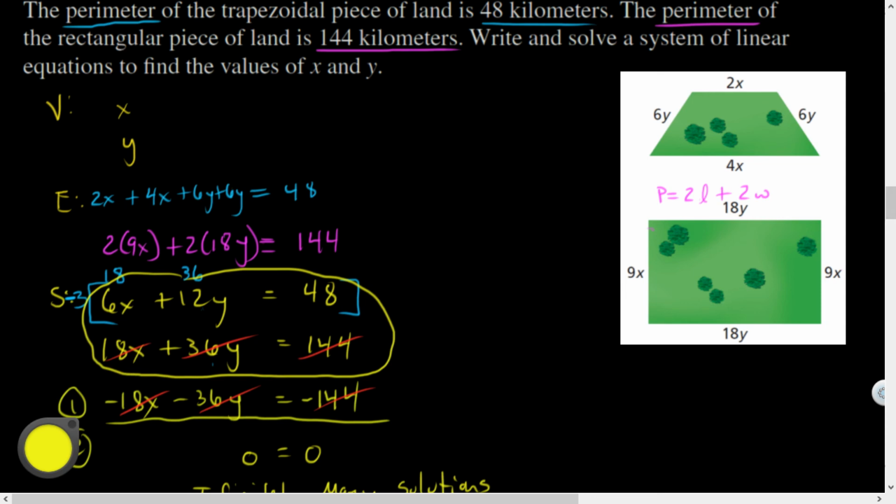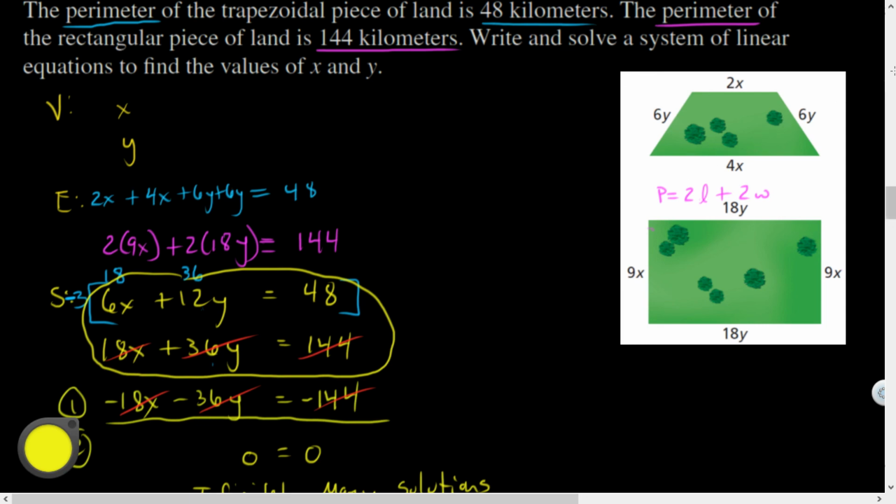So how could I answer this question? Well, you could say, this equation is always true in this context. Oh yeah, for this problem, x and y have to be positive because I can't have a negative distance in the real world. But any combination of x and y that makes those equations true will work as long as they're positive.